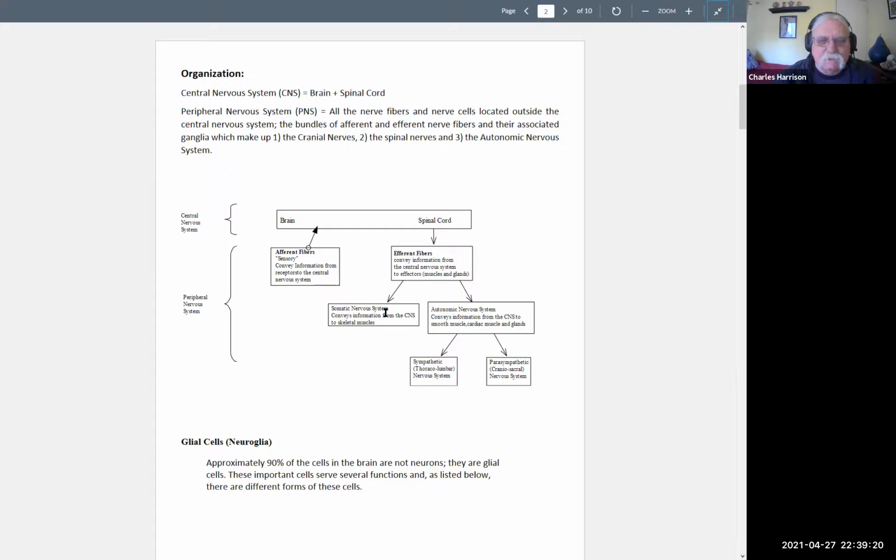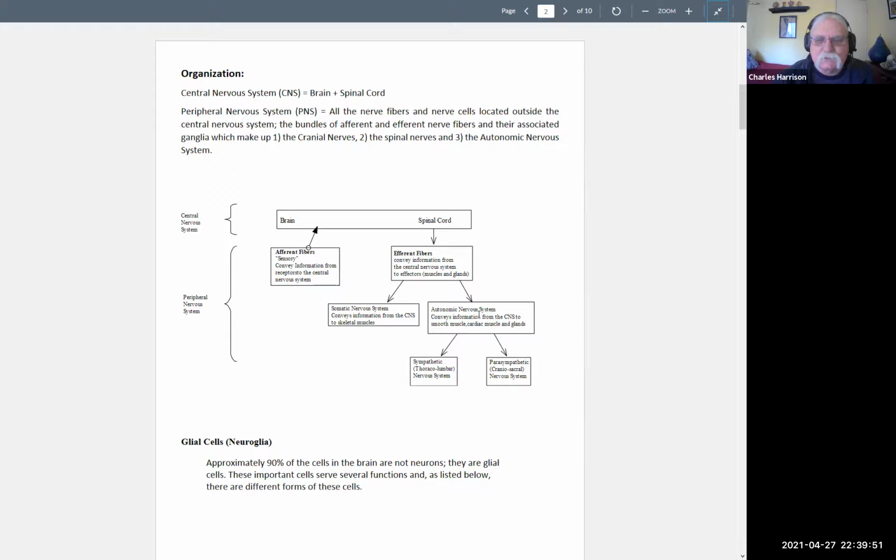You may think you have control, and I do, of some cardiac muscle, for instance, and smooth muscle, but it's not allowed here by this chart or any book or any examination. So the efferent fibers, the motor fibers, are divided in two. One of the divisions is the somatic nervous system, also known as the voluntary nervous system.